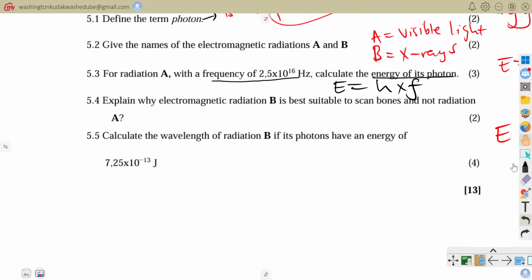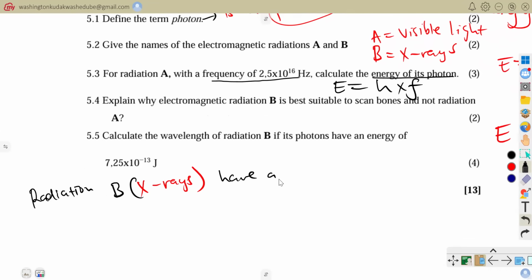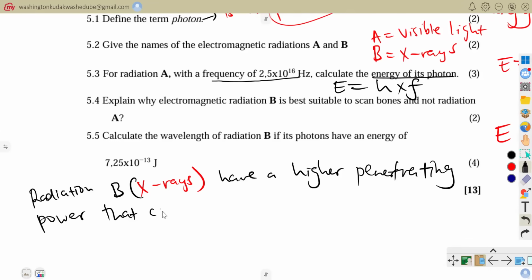So we are saying that radiation B, which is your X-rays, has a higher penetrating power that can scan through bones.